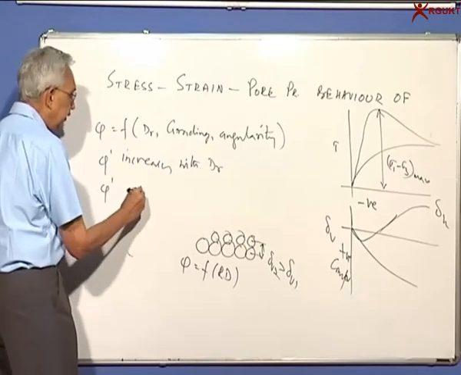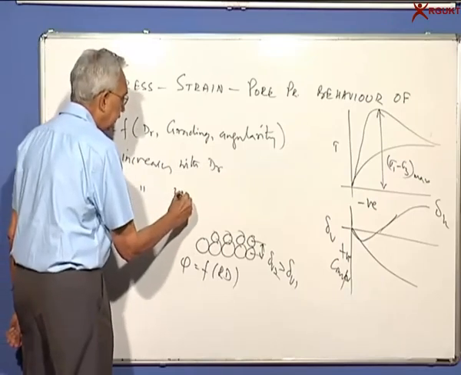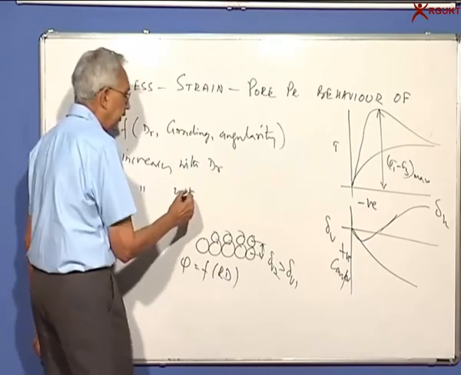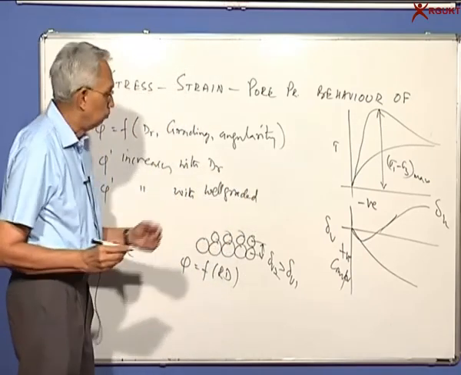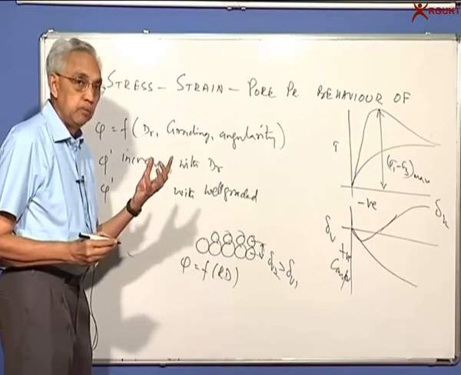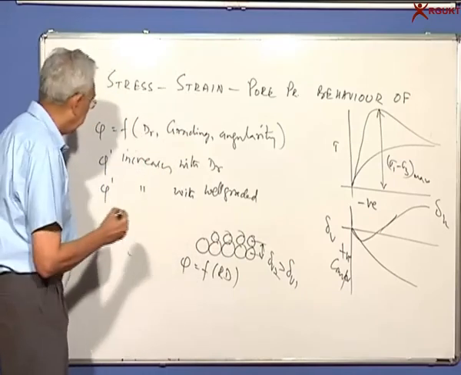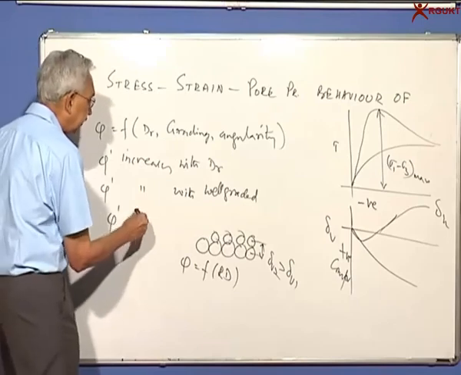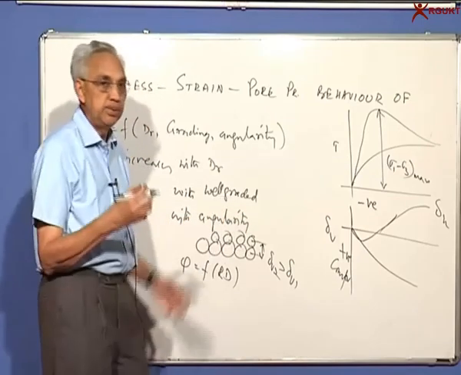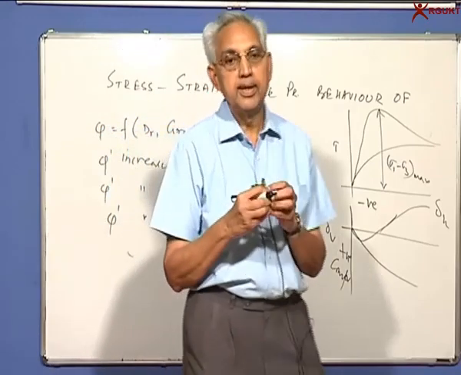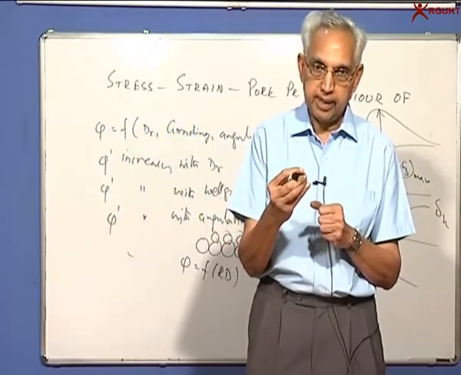Phi increases with grading. That means if I have well graded, phi is more, and if it is poorly graded, phi will be less. Similarly, phi increases with angularity. If you have more sharp edges, the interlocking is high, so you get a higher friction angle.